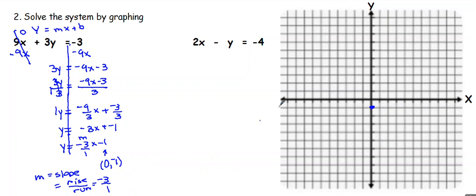So from the b, we go down 3 and to the right 1. So we're going to go down 3, 1, 2, 3, and to the right 1. This is our other point.